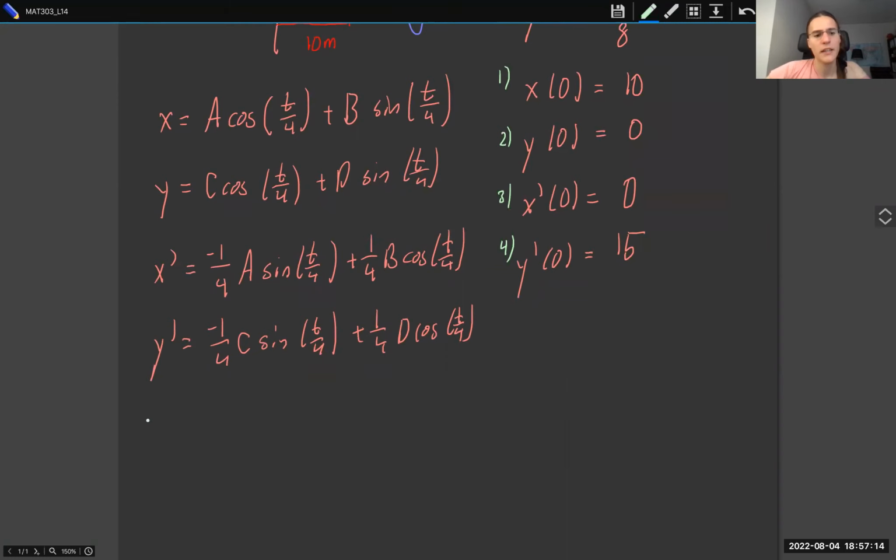So from 1, we get that 10 is equal to, plugging in time equal to 0, a. Then for 2, we get 0 is equal to c.